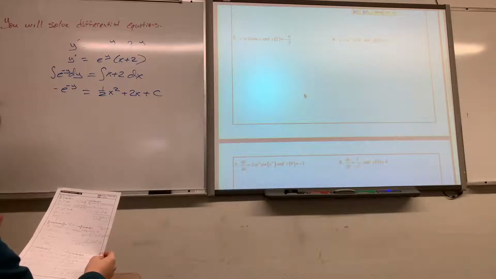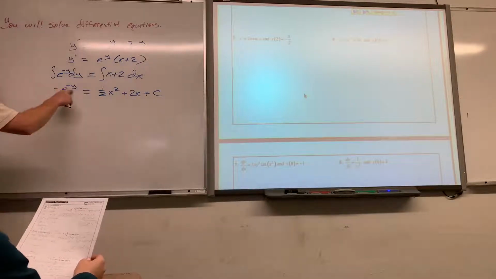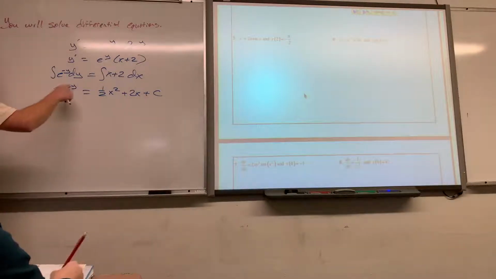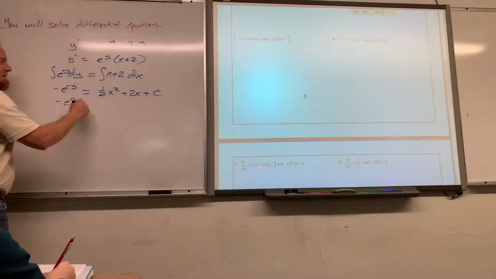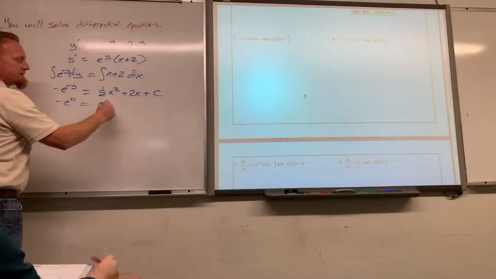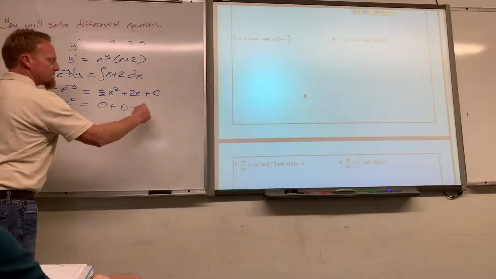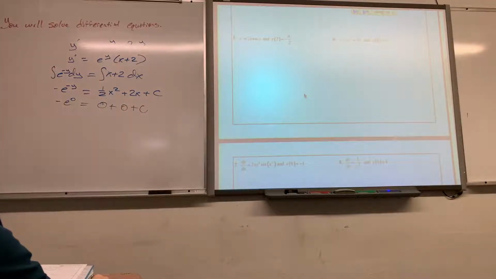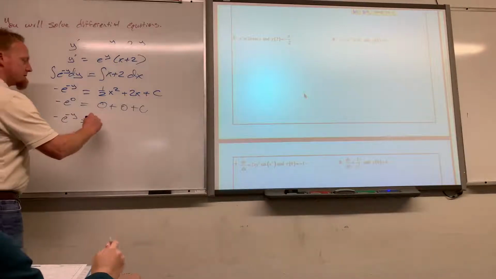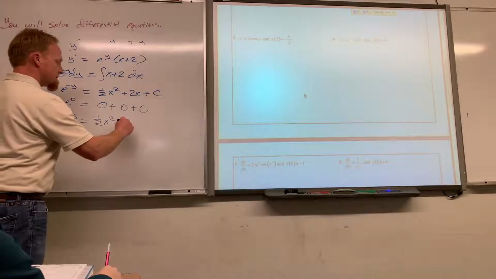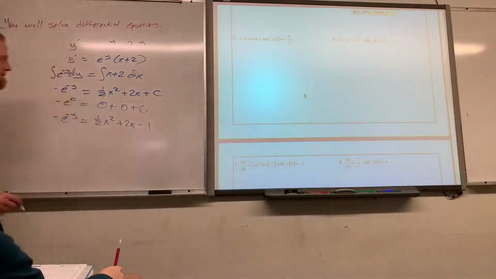We're on number 6, 0 and 0. So if I plug in 0 here, this gives me negative e to the 0. Over here, that's obviously going to be 0 plus c. So what is negative e to the 0? 1. So that means c is negative 1. Alright.